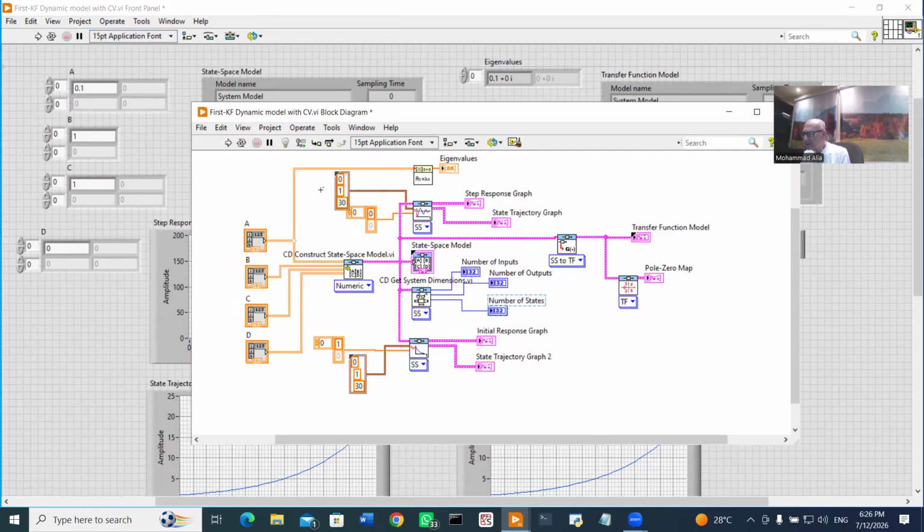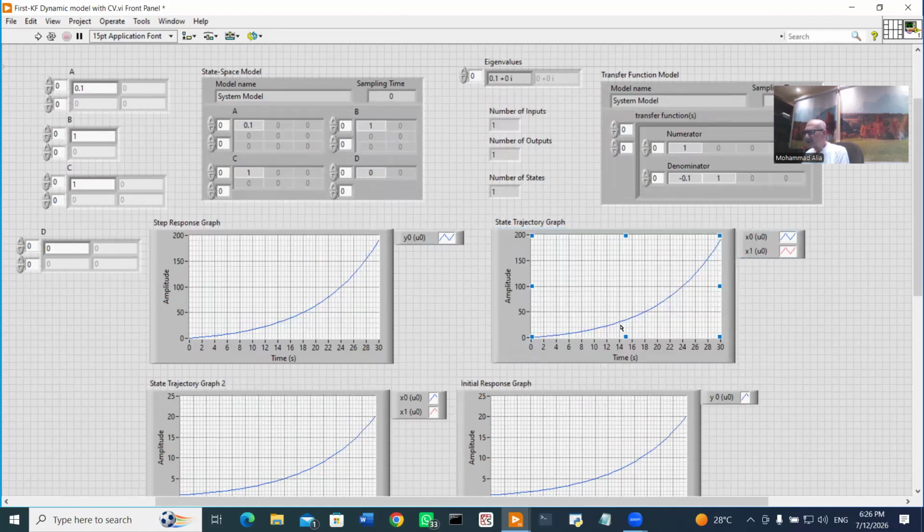Now, we know about this model. I have also drawn the step response graph for the same model to see the state trajectory graph. The state trajectory graph, as you see, begins with 0, and exponentially it goes up and up and up by time.